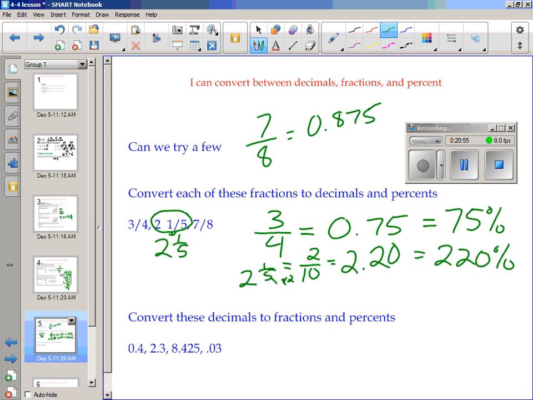Anybody have a calculator on them? Can you quickly do 7 divided by 8? Does anybody know what percent this would be? If we rounded it up to the nearest percent, it would be 88%. Anybody have a guess? No, it's not 800.